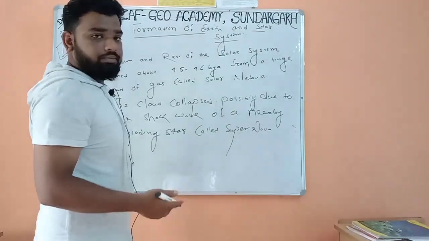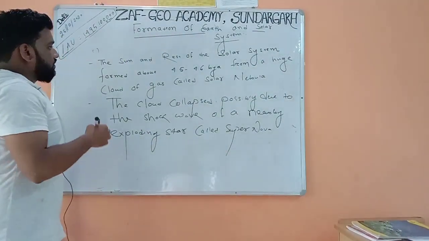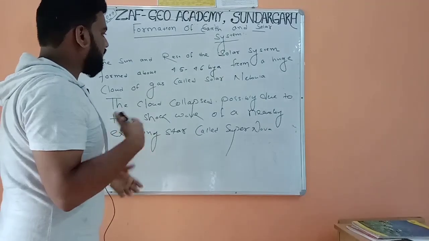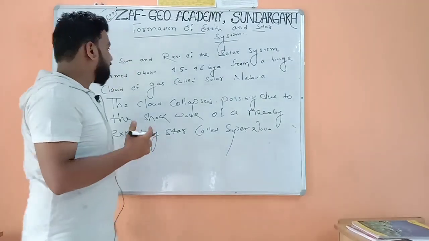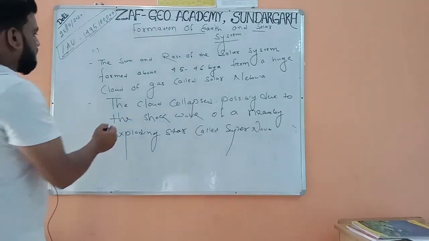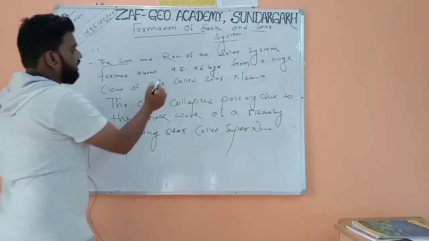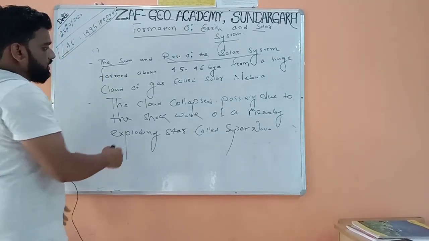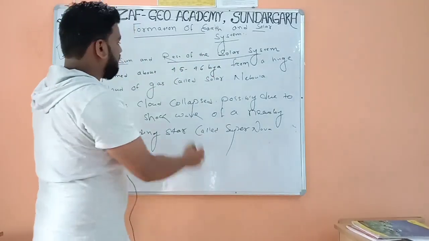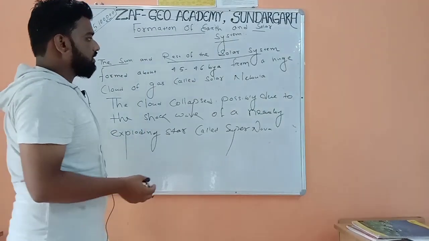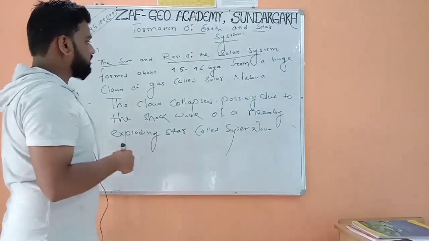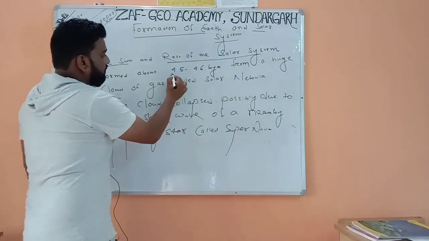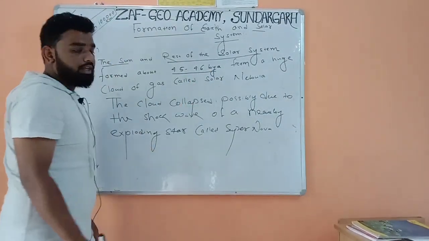There must be some process of existence. According to theories developed by many scientists, the Sun and the rest of the solar system, that is planets, satellites, asteroids, comets, all came into existence about 4.5 to 4.6 billion years ago.